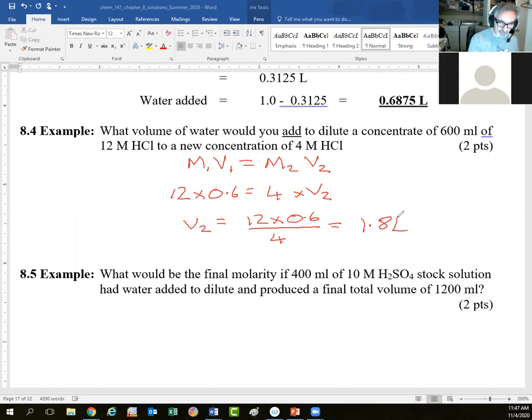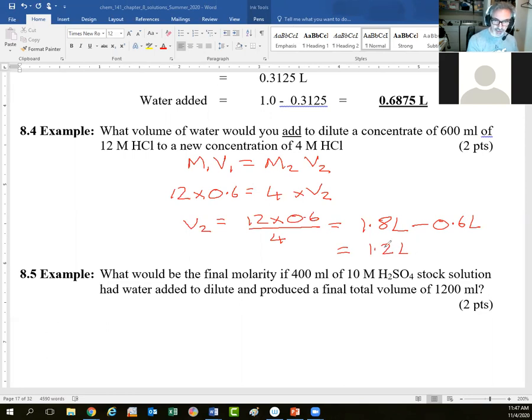Now that's going to be the final volume of the entire solution. But we had already started off with 0.6 litres at the beginning. So the amount of water to add to perform this dilution will be just 1.2 litres.